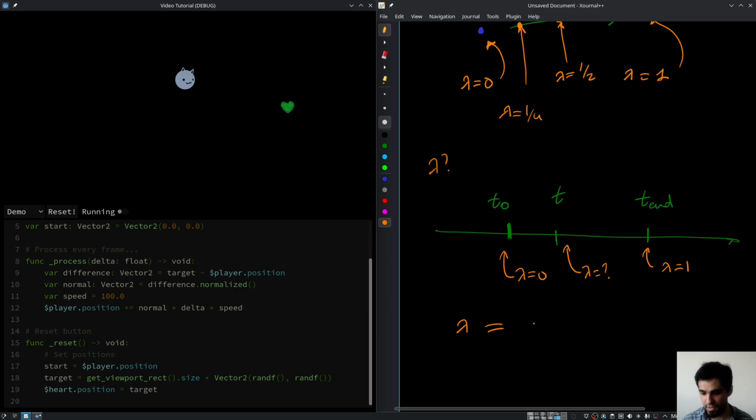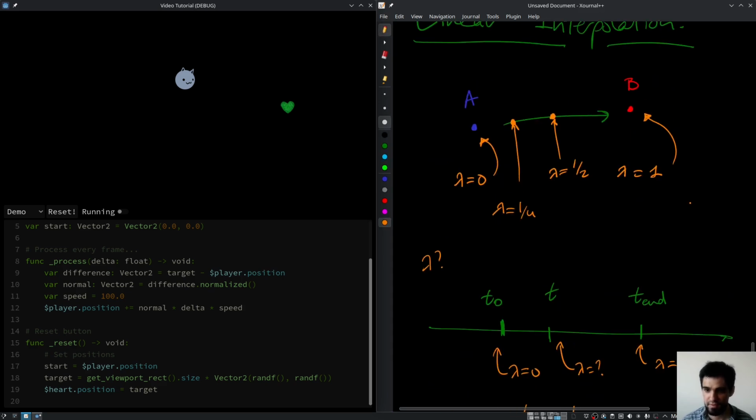Lambda will be equal to (t minus t0) divided by (t end minus t0). And so what is happening is that when t is equal to t0, this thing is going to be 0, so we're here. When t is equal to t end, this is something divided by itself, so we have 1. And this is growing linearly, so it will just smoothly go from one end to the other. Okay, so this is how we get lambda.